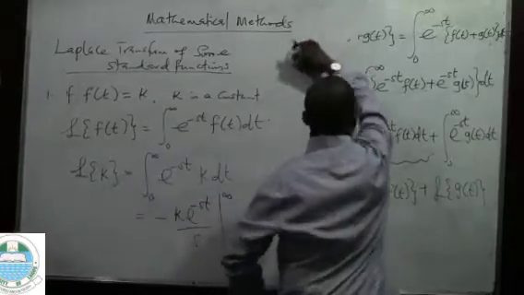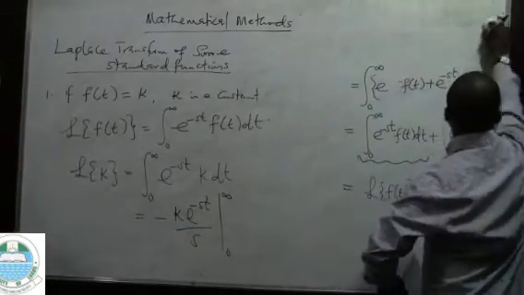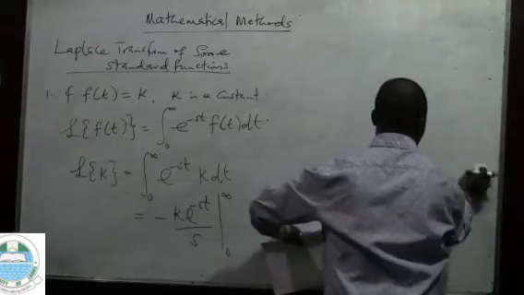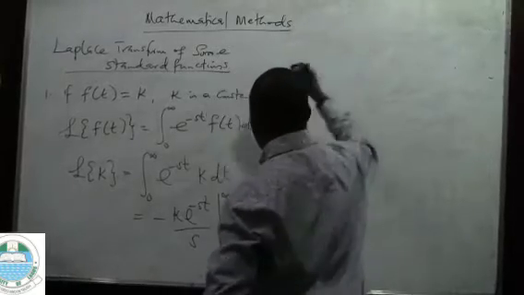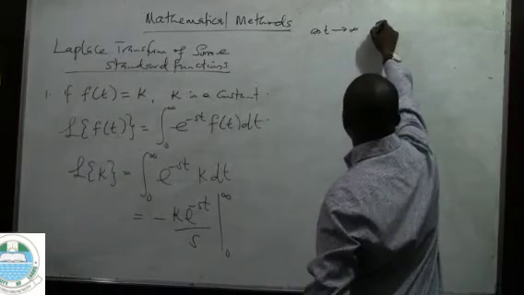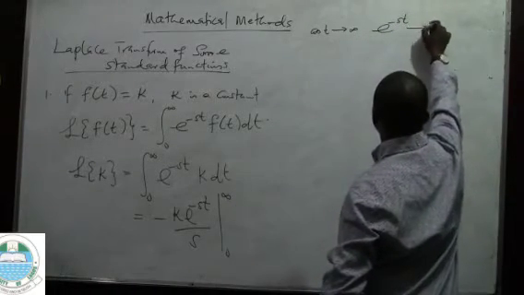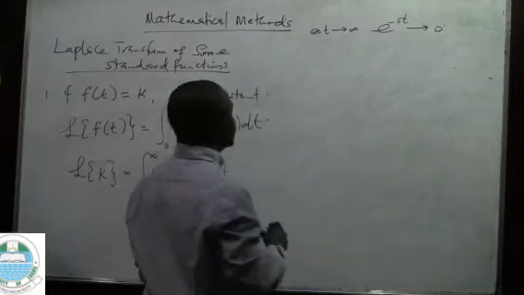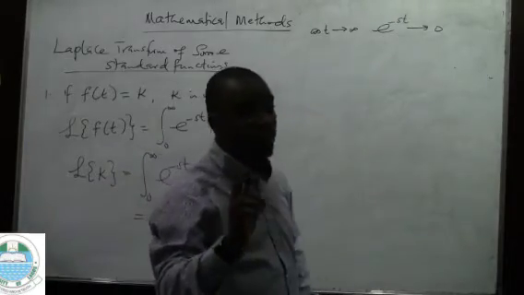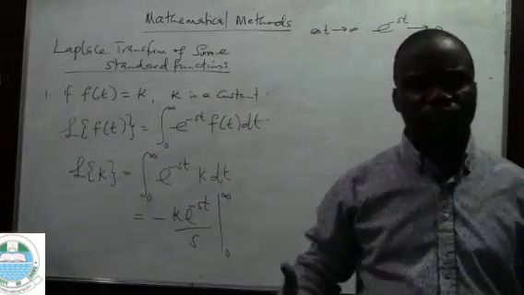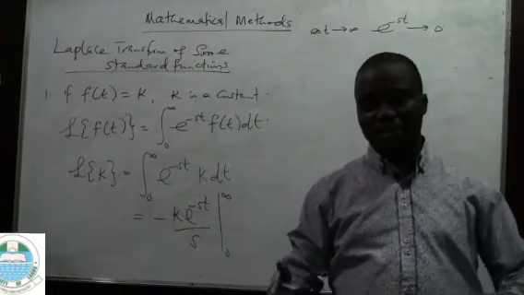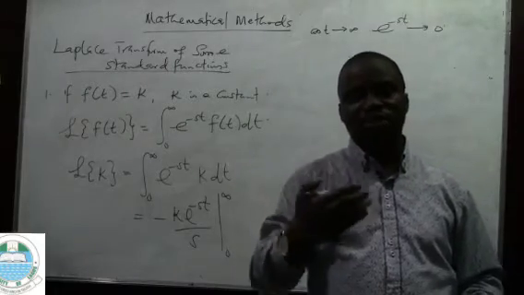Now, let us substitute the value. As t approaches infinity, exponential minus st will be approaching 0, because the exponential is Euler's constant, which is 2.718 approximately.